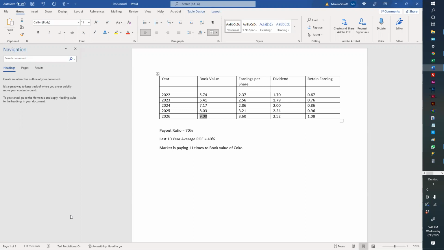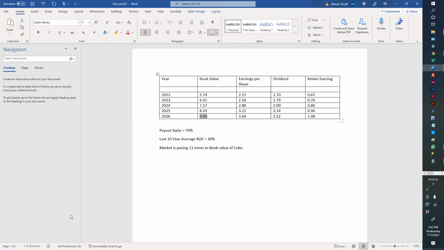Okay, let's go back again. When book value was $5.74, people were paying 11 times book value. And that's why Coke was trading around $62. Now this, you must know, and you should be able to answer. Book value has now increased to $9.